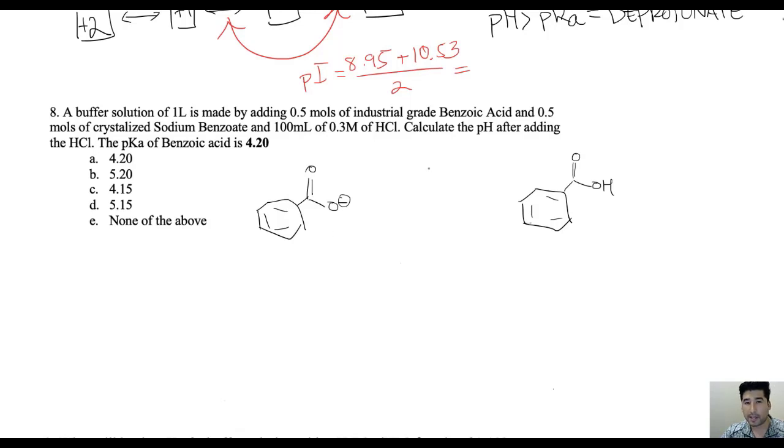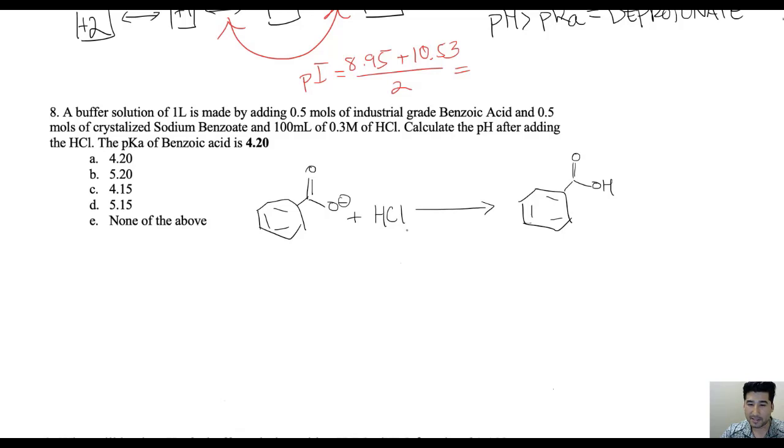So what do you think that hydrochloric acid is going to react with? Is it going to react with the benzoic acid, or is it going to react with the benzoate? And it's actually going to react with the benzoate. That's why I put it on the left-hand side. I already knew what was going to happen.